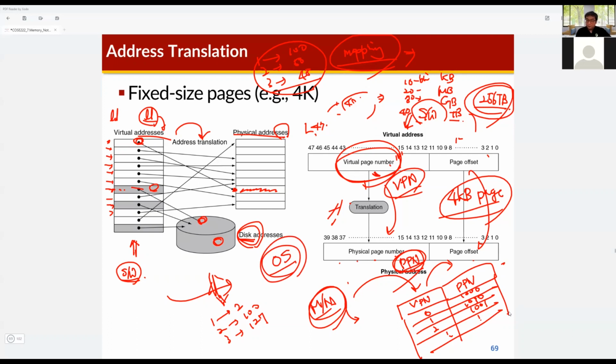So the operating system generates this mapping information, like VPN 0 is translated to 1000, and VPN 1 to 1010. The operating system generates this mapping table, and then it is stored in the RAM, the physical memory.